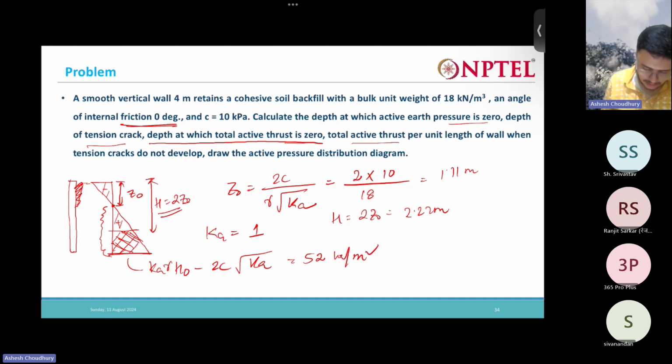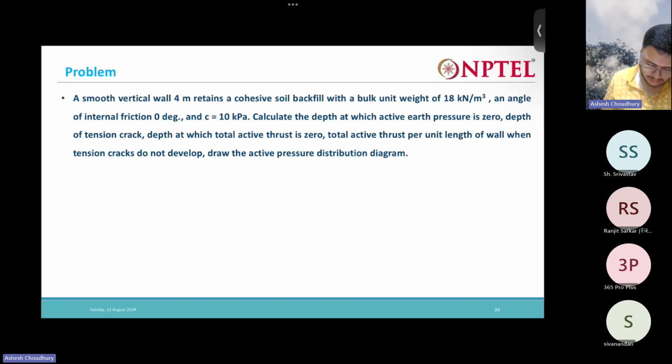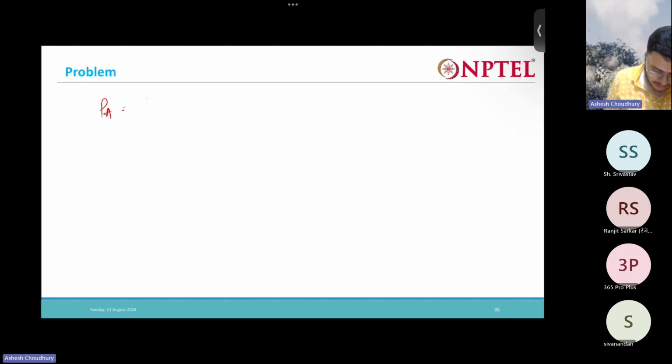meter square. And this is nothing but 20 meters square. So we have P is equal to half the area of this trapezium.